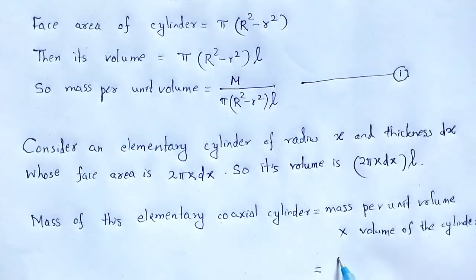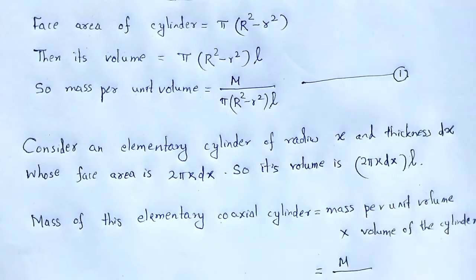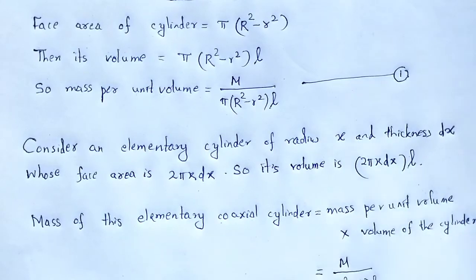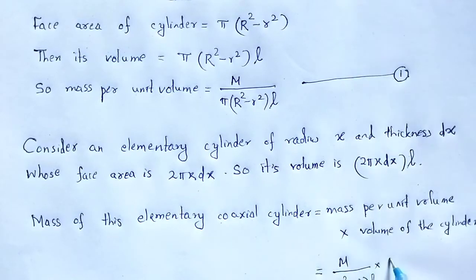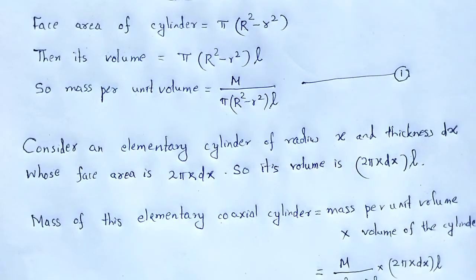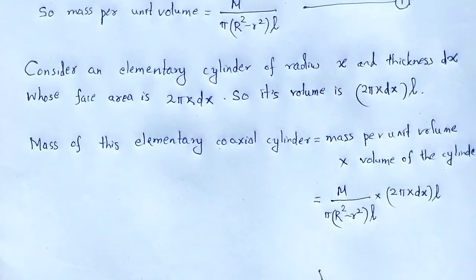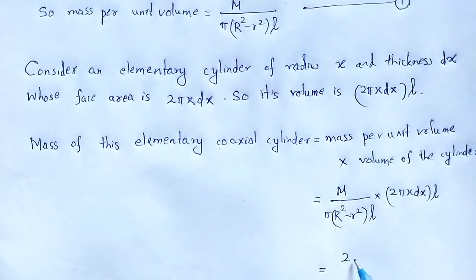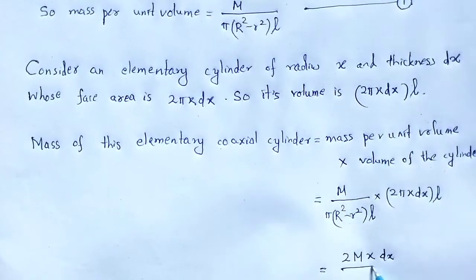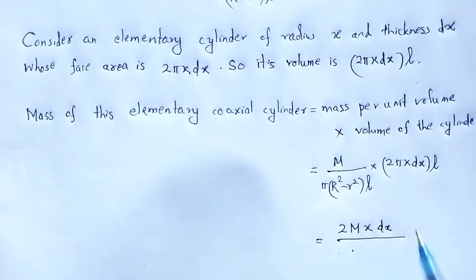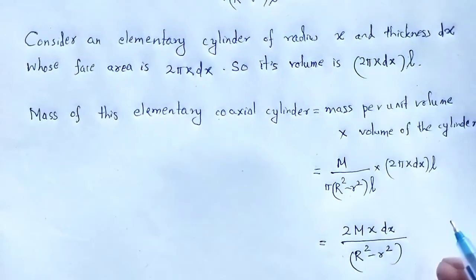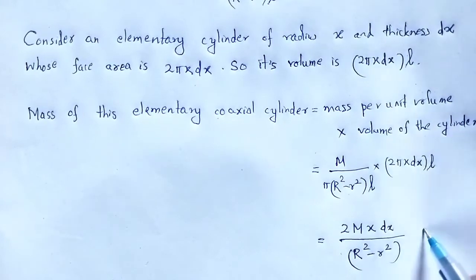Mass per unit volume, that is m divided by pi into R square minus r square into L, into the volume of the cylinder, that is 2 pi x dx into L. The result will be 2 m x dx, pi cancels out, divided by R square minus r square. Let it be equation number 2.